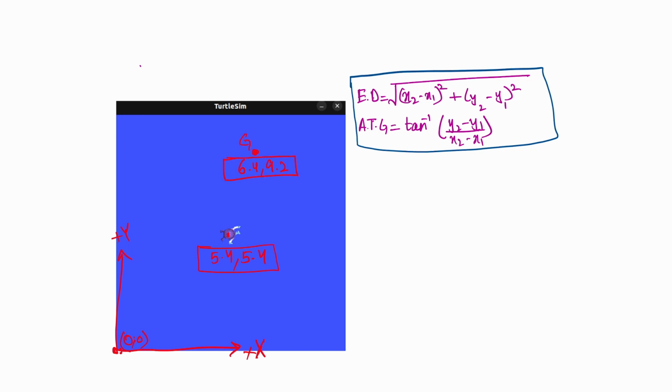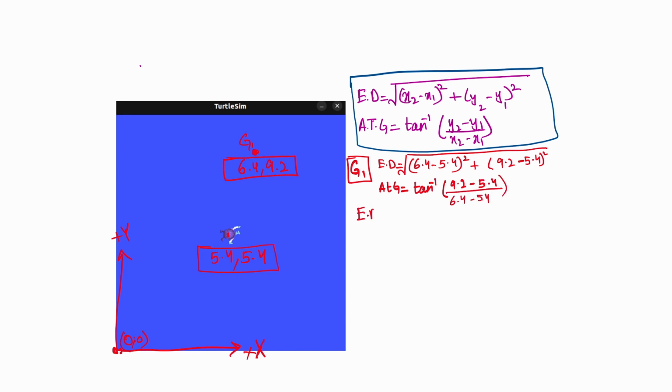Let me calculate all of the values. Our Euclidean distance is 3.9 and our angle to goal is 1.28 in radians.